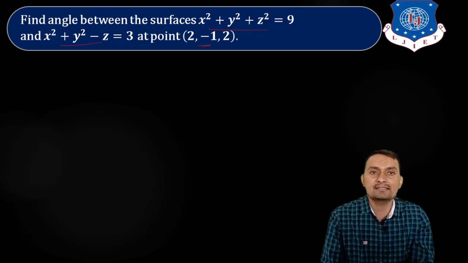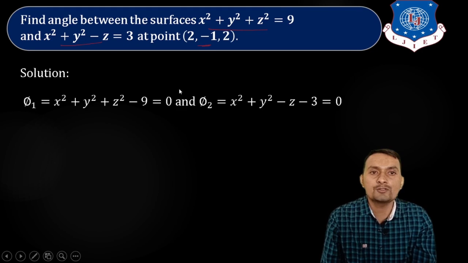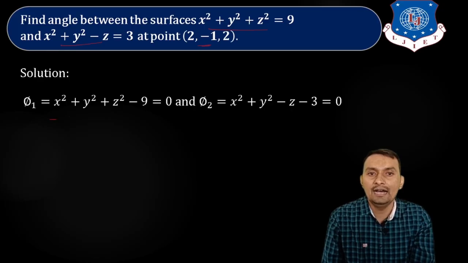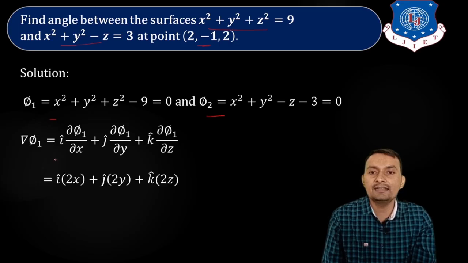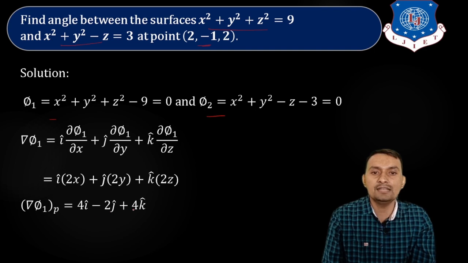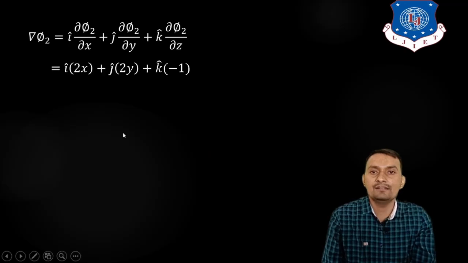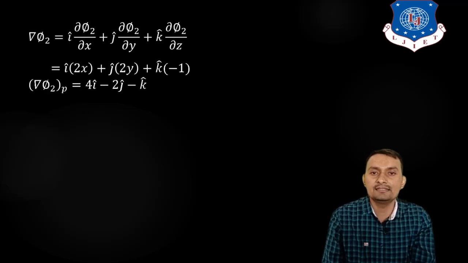Let us understand the first surface, x squared plus y squared plus z squared minus 9, which is called f1, and another is f2. Whenever I find the gradient of this function at the particular point, it will be 4i minus 2j plus 4k. For the second surface, when I find its tangent, the gradient at this point is this one.